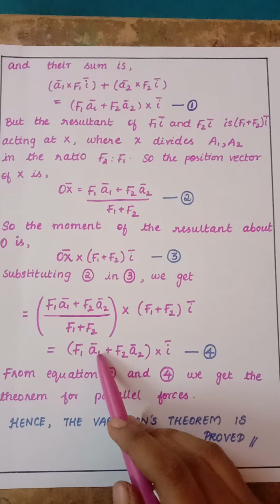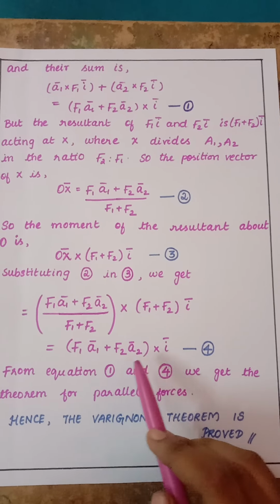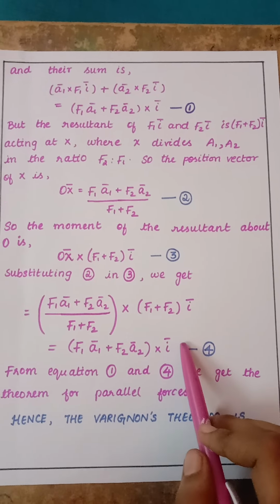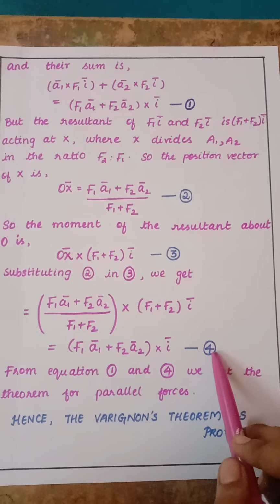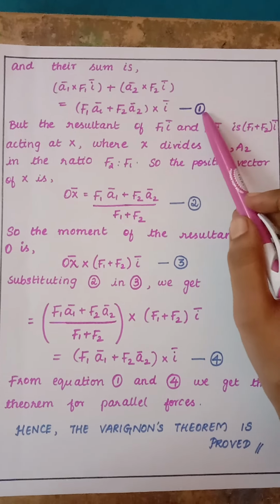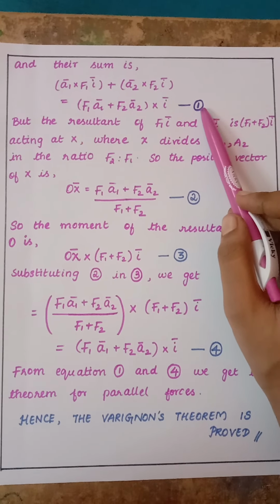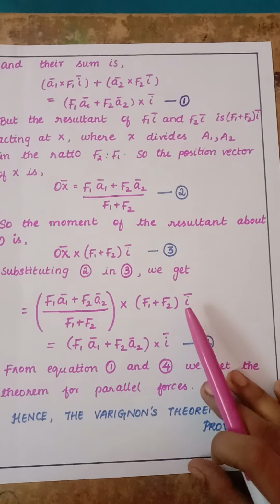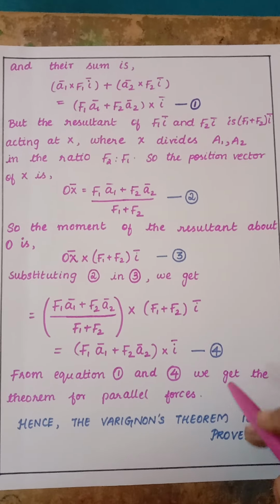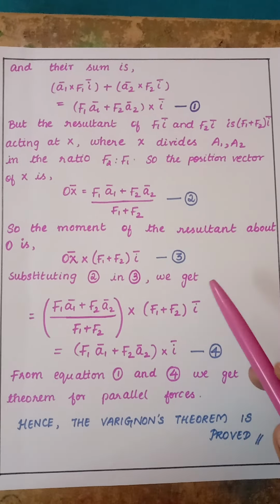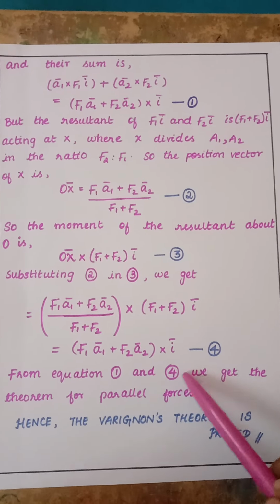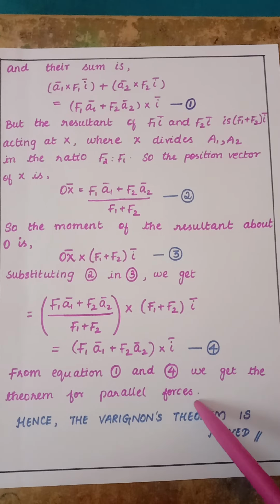We get (F1 small a1 vector plus F2 small a2 vector) cross i vector. Mark this as equation 4. Let us see equation 1 for the sum of the moments of forces and the moment of the resultant of forces. From equations 1 and 4, we get the theorem for parallel forces.